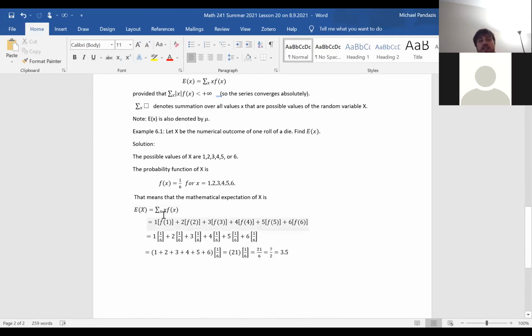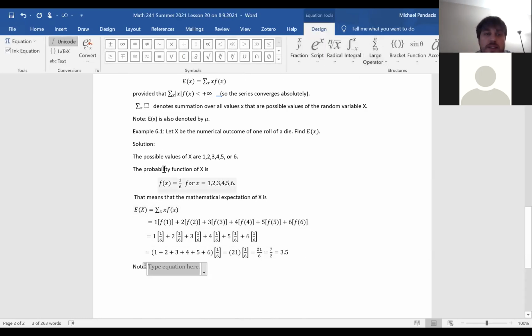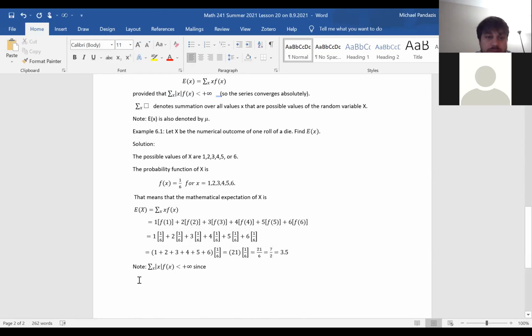Okay, this is provided that the sum over x is finite. Note that the sum over x of the absolute value of x times f of x is equal to the sum where this is just x, since all the possible values little x of capital X are positive, right?